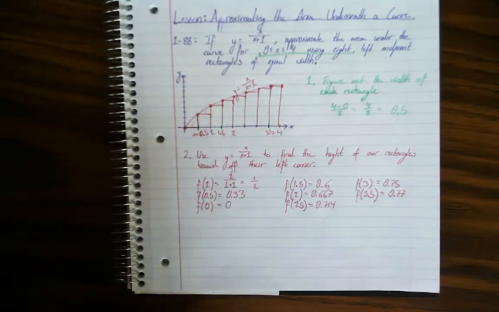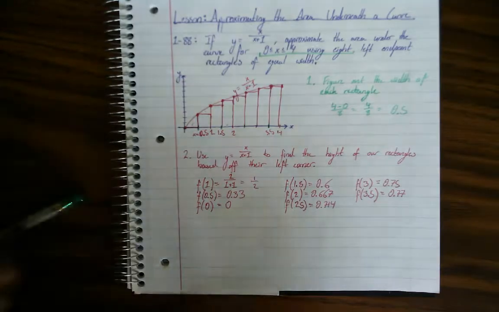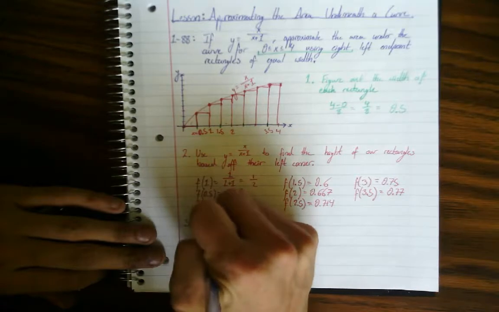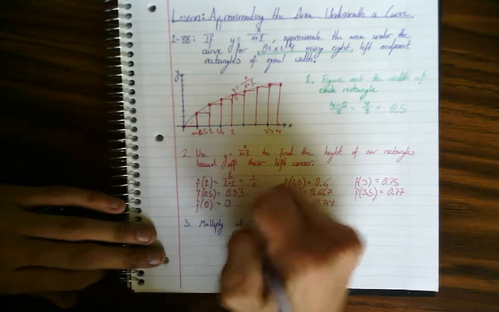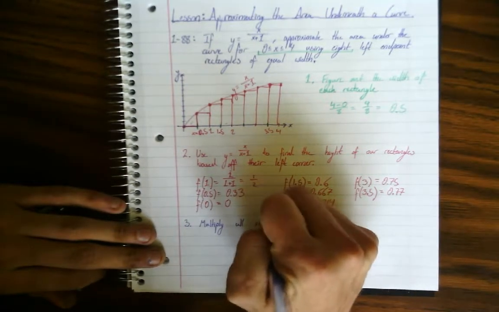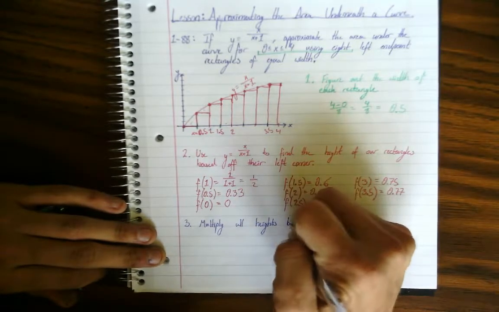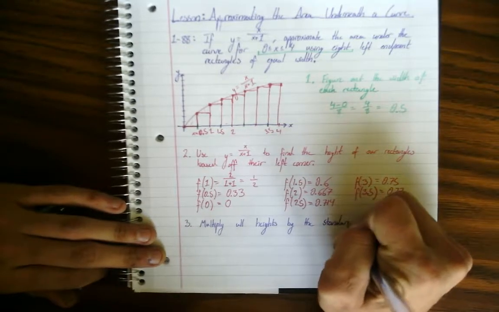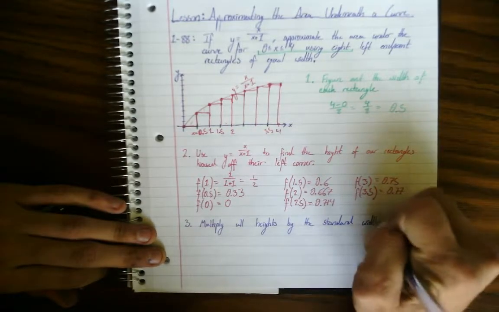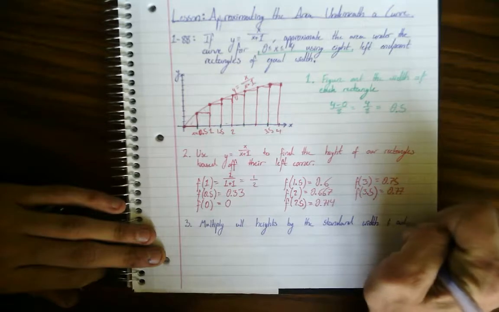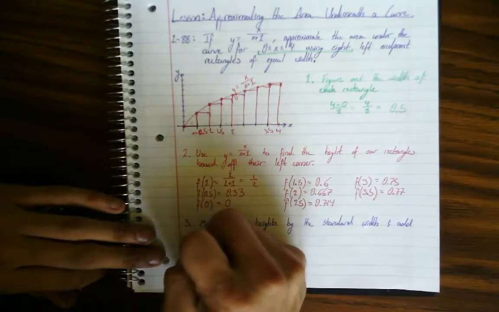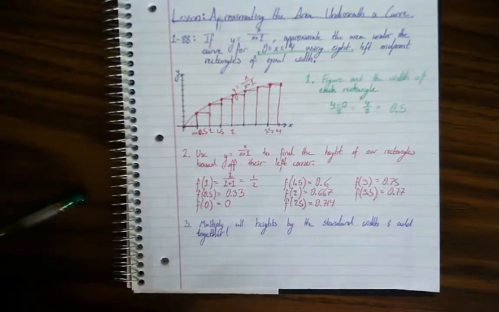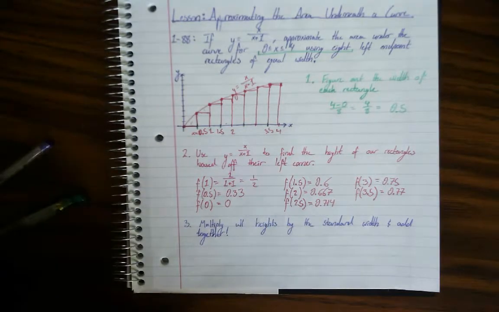So step 3, multiply all heights by the standard width and add together. So we're going to have a very long string, but I think we'll be able to do it.